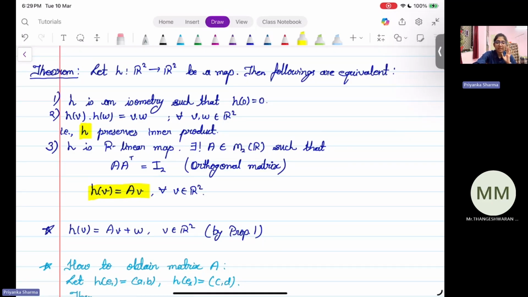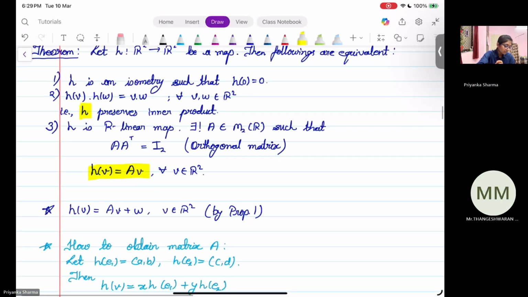So these are some equivalent conditions. That is, H is an isometry that fixes the origin if and only if it preserves the inner product, or if and only if it is an R-linear map and we have some orthonormal matrix such that H(V) can be written as AV.